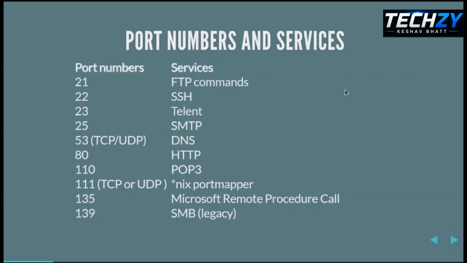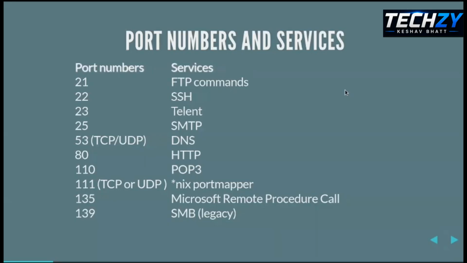You go, and there is a window number assigned for different purposes. So if you want to do FTP, go to port number 21. If you want to do Secure Shell, connect to port 22. If you have to do something with Telnet, port 23. So this is more of a standard, and it is known to everyone on the internet.